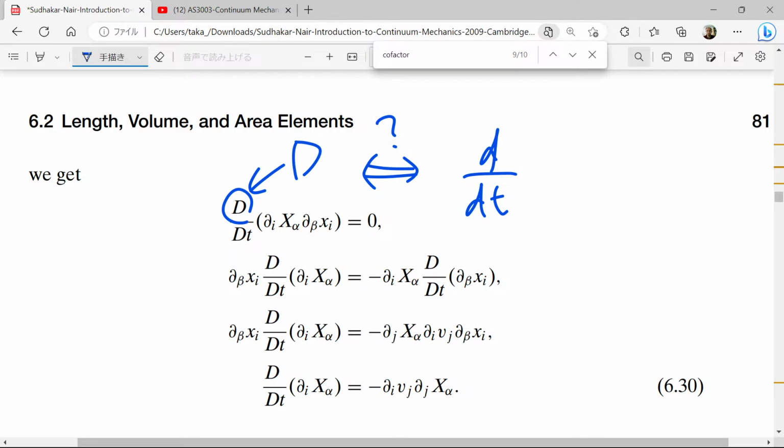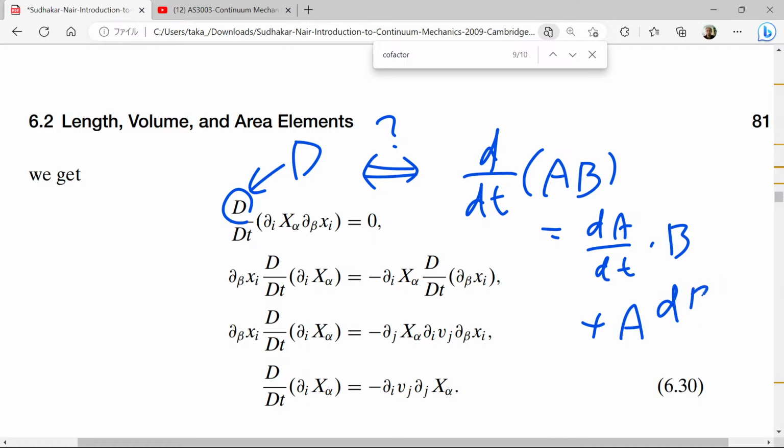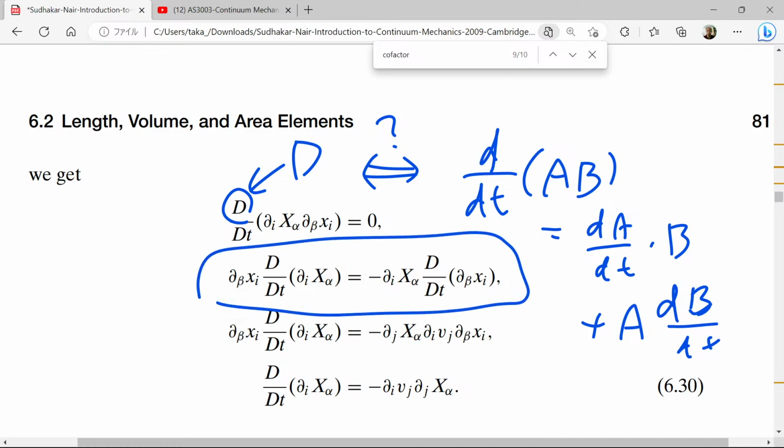But anyway, if you have some product and want to take the derivative, you take the derivative of the first and leave the second, and then leave the first and take the derivative of the second. So this formula was used and we obtained this.